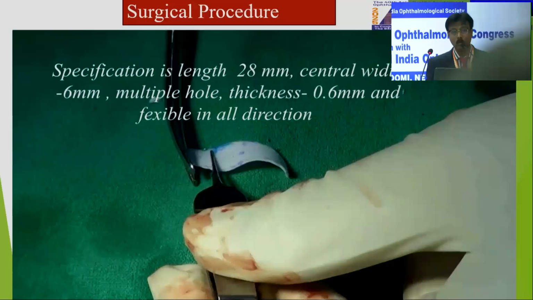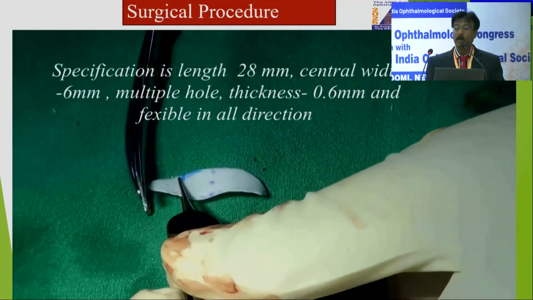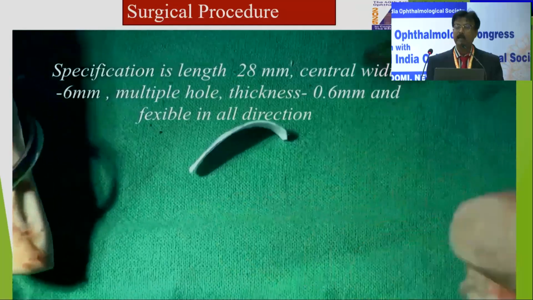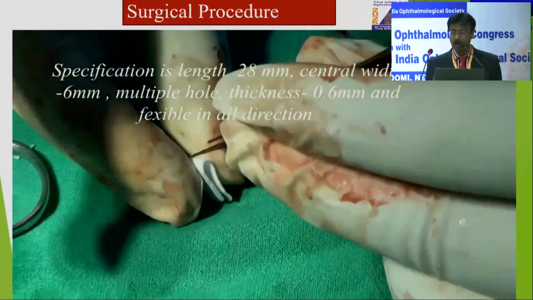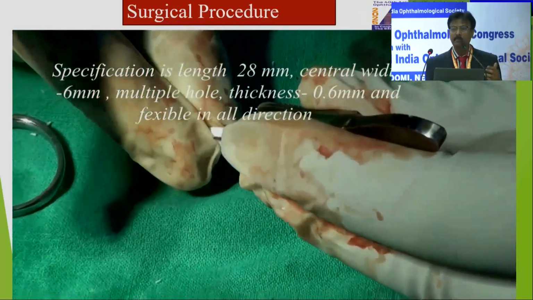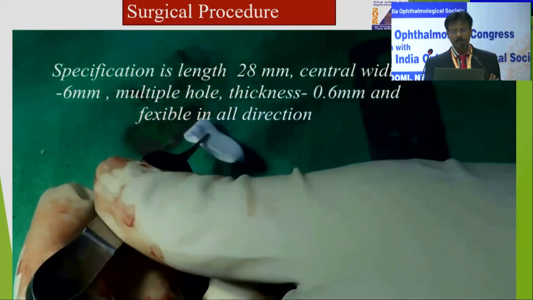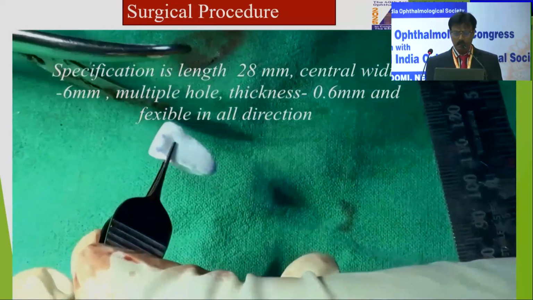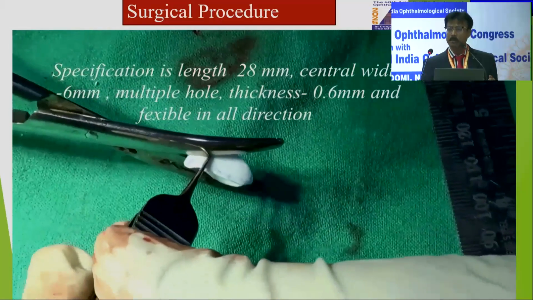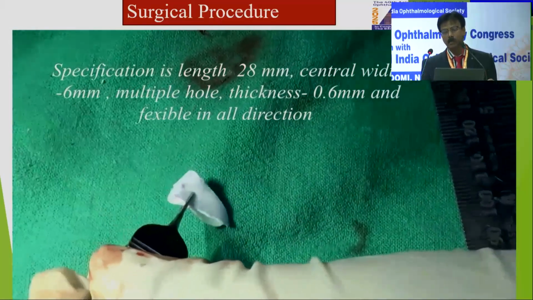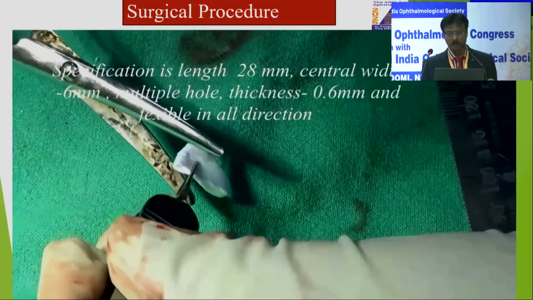Why multiple holes? Because they help vascularity come from the posterior lamella to the anterior lamella, giving a good hold or screw effect and increasing skin vascularity. These tarsal substitutes are pliable, inert, non-reacting.